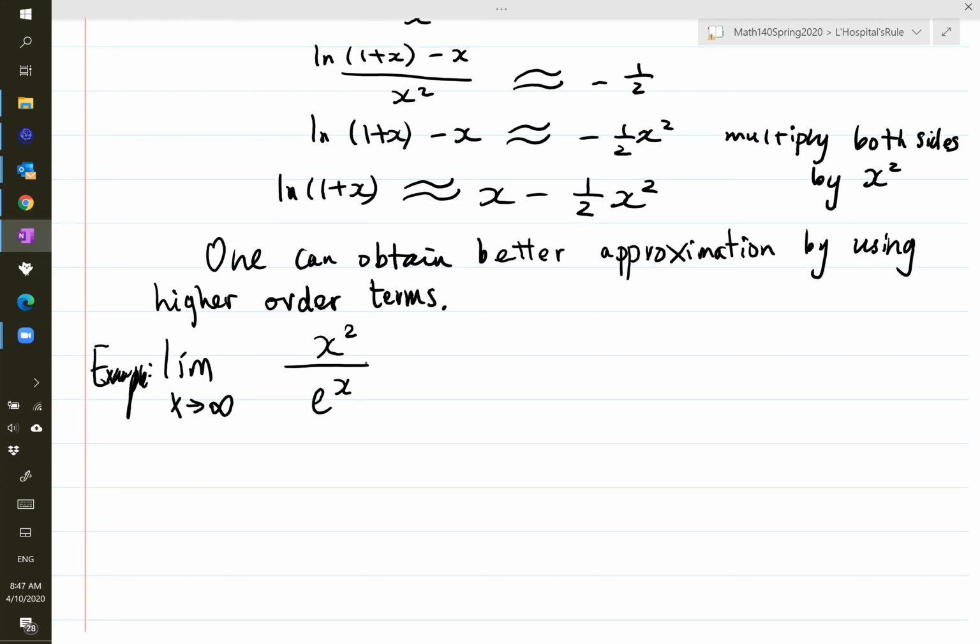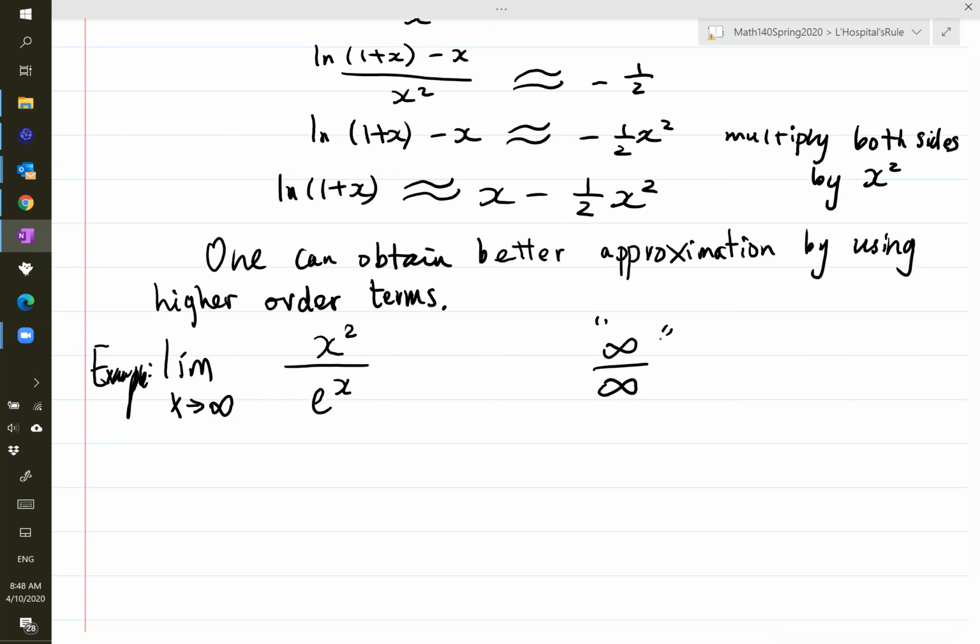Here x squared approaches infinity as x approaches infinity, and e to the x also approaches infinity, so this is infinity over infinity. L'Hopital's rule says if we have a function of the type 0 over 0 or infinity over infinity, then we can apply L'Hopital's rule.